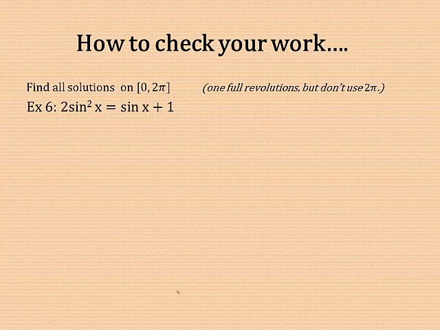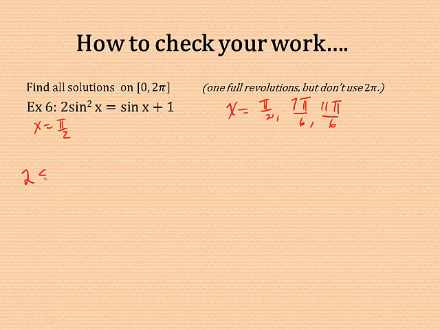All right, this is the one that we solved earlier. And let's just check one answer for time's sake. On this one earlier, we found pi over 2, 7 pi over 6, 11 pi over 6. Okay? So if I check pi over 2, if x is pi over 2, let's just check this answer and see if it's true. All right?